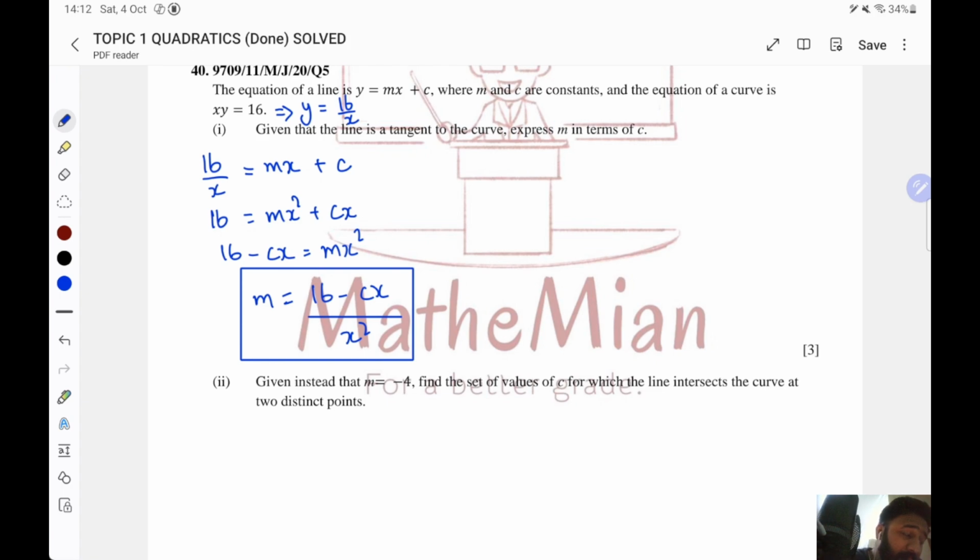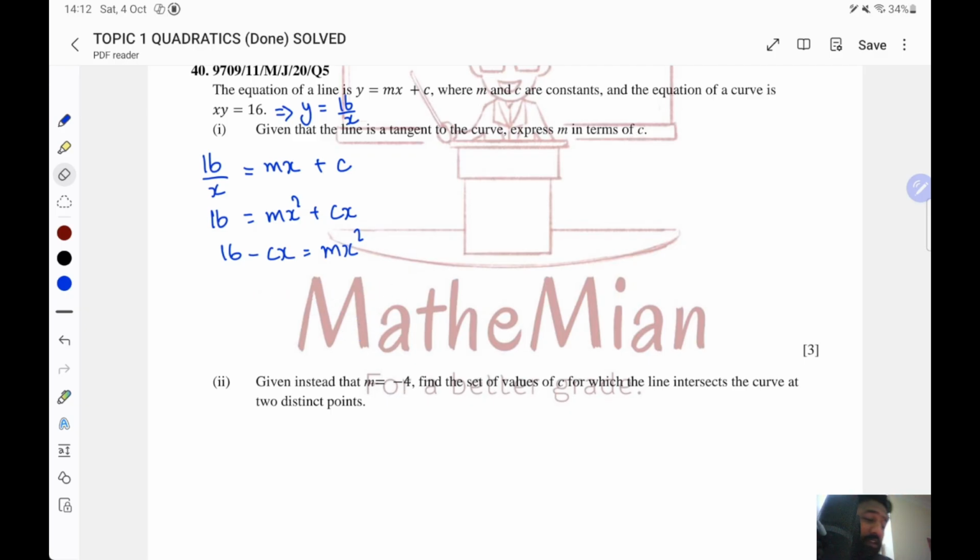Given that the line is tangent to the curve, so we have to make it an equation first. Mx square plus cx minus 16 equals to 0, and he says that they are tangent, so it means b square minus 4ac will be equal to 0.